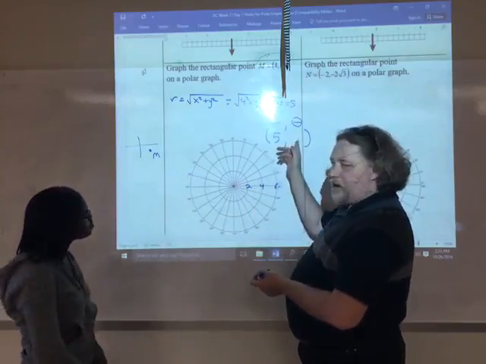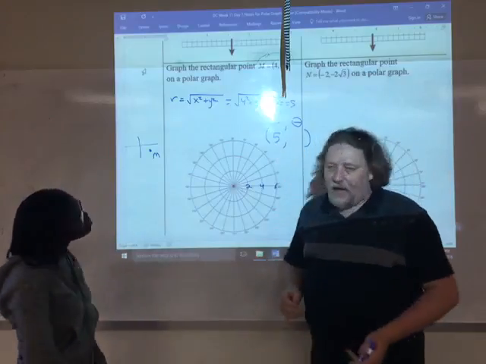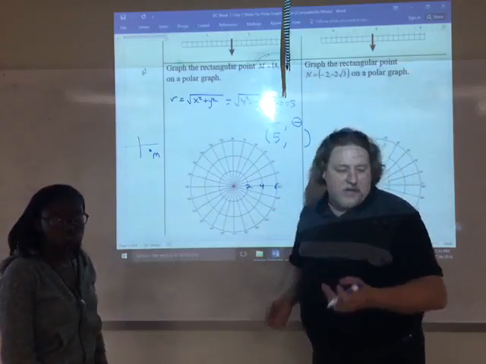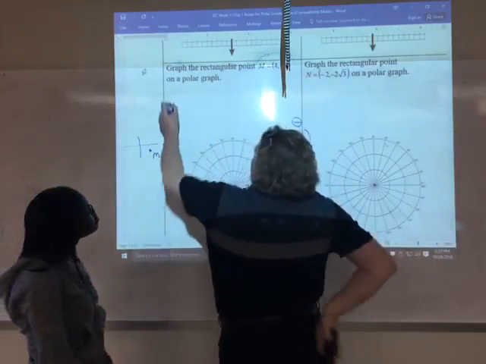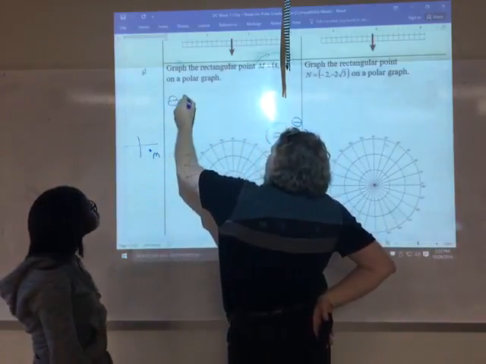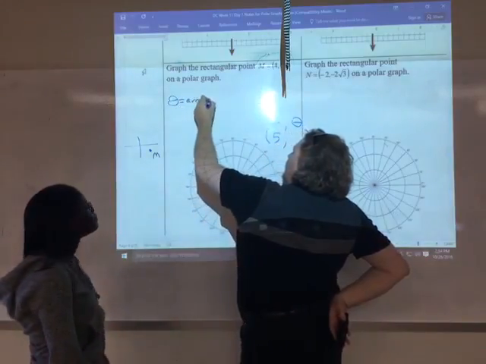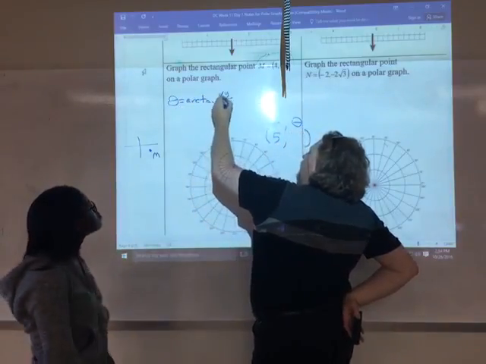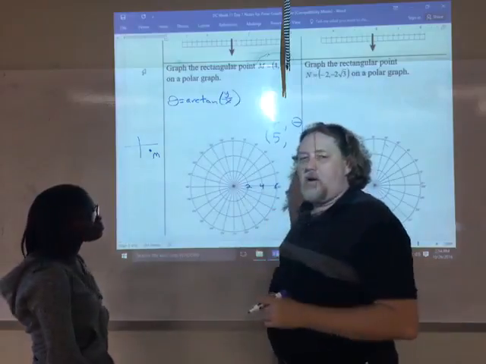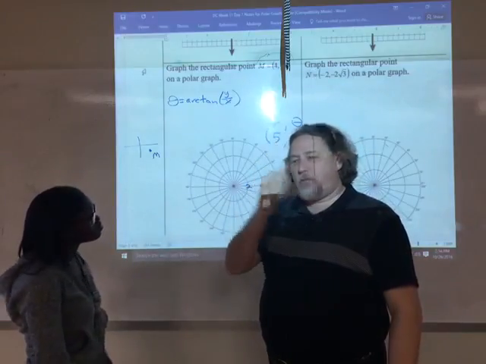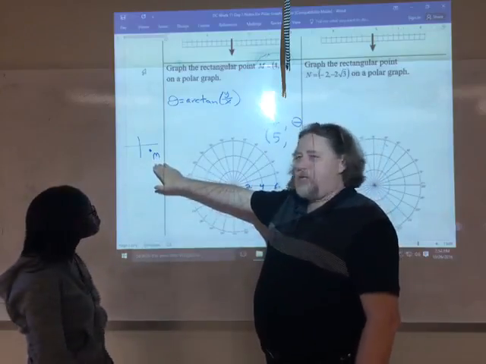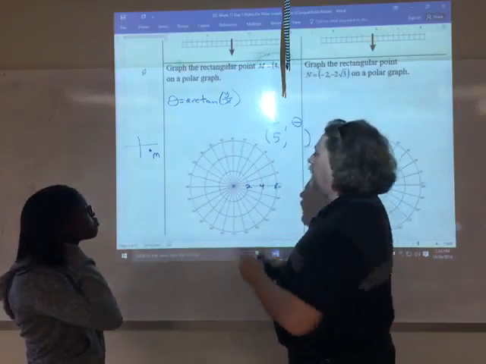But I still need a direction angle. So how do I get that? Well, again, I'm going to use a formula that I already know from vectors. Theta is the arctangent of y over x, and add 180 degrees if you are in quadrant 2 or quadrant 3. Now I'm in quadrant 4 right now, so I don't need to add 180 degrees.